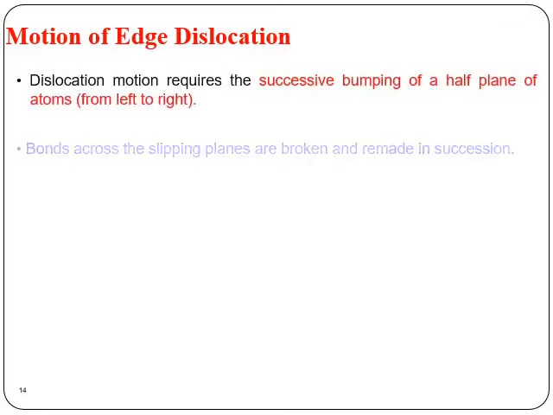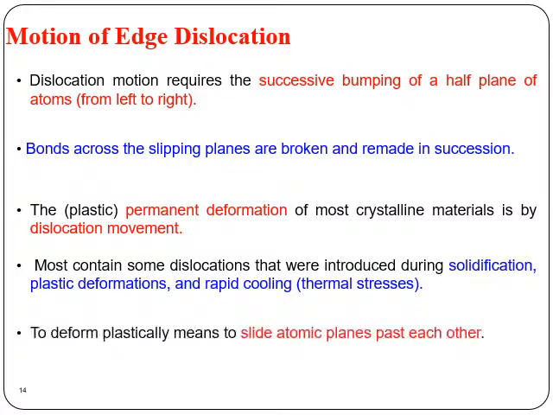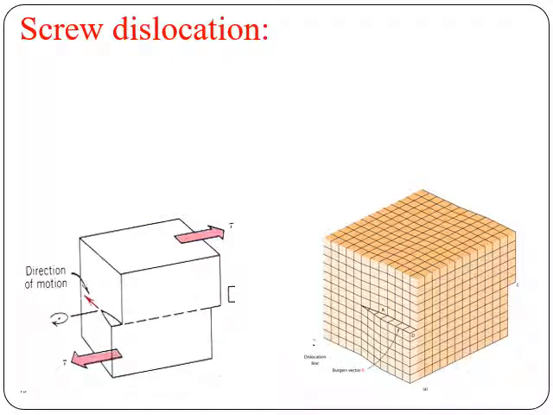How will the motion appear? As I said, it is going to move from left to right or right to left by applying a shear force. These atoms have a particular interatomic distance, and it does not move by a fraction of an atom.